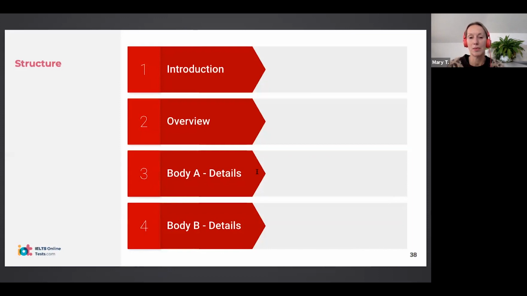Okay, so now let's look more specifically at what's included. So the introduction, as we said before, states what the maps show by paraphrasing the title. I'm also going to give you how much you should write for each section. So this one is 1 or 2 sentences. Okay, and then we have an overview.